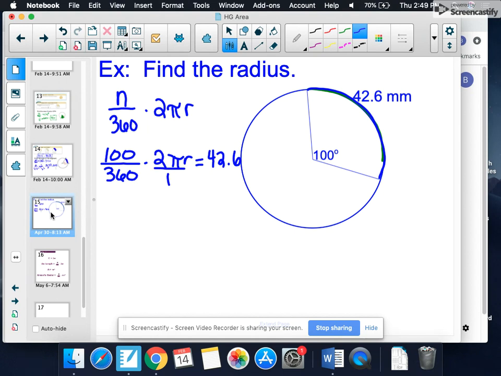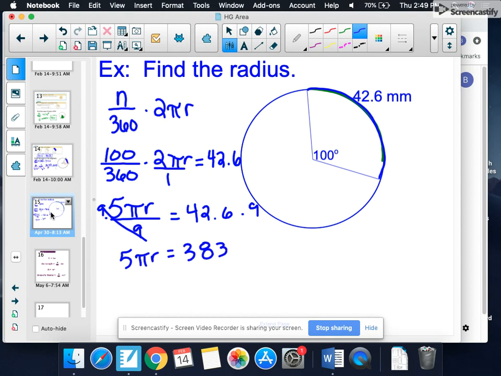If I reduce that, it reduces to 5 pi r over 9 equals 42.6. So I'm going to multiply both sides by 9. So I get 5 pi r equals 383.4. And then lastly, I'm going to divide by 5 pi. When I divide by 5 pi, I get that the radius is 24.4.